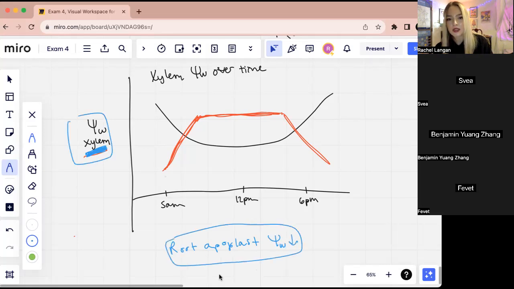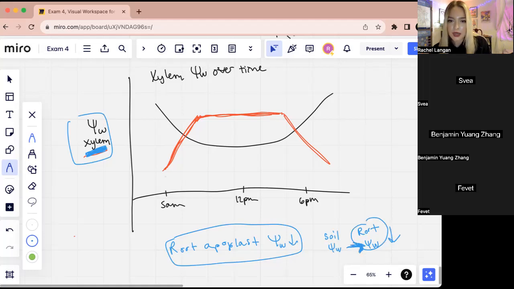How can that help me determine the rate? Well, if we're comparing the soil water potential to the root apoplast water potential, and we want water to move in this direction, if you make this lower, you're going to increase the rate, right?